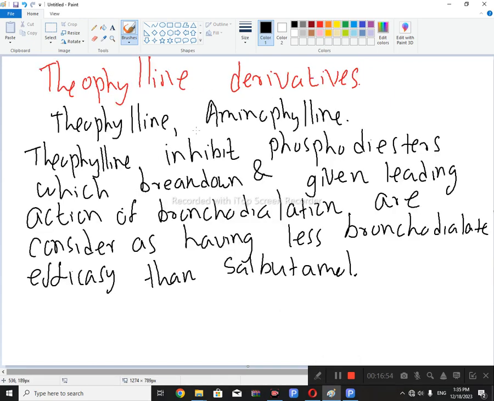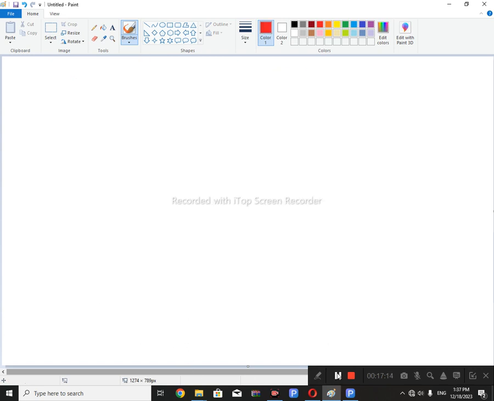Theophylline derivatives: theophylline, aminophylline. Theophylline inhibits phosphodiesterase, which breaks down cyclic AMP, leading to bronchodilation, but they are considered as having less bronchodilator efficacy than salbutamol. Practice points.